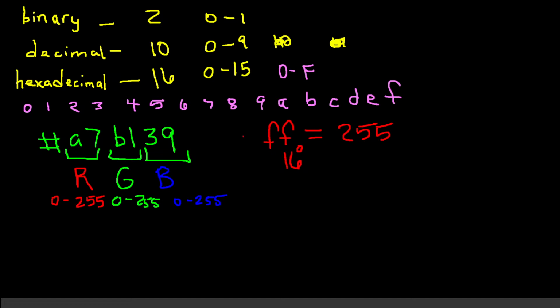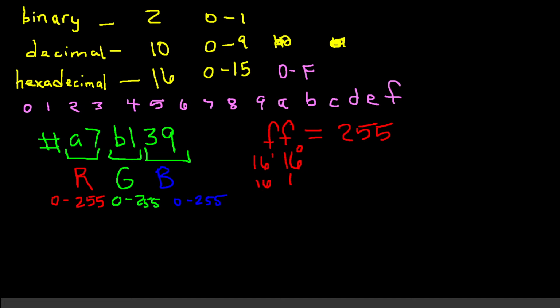And the second place is always the base to the power of 1. Anything raised to the power of 0 is always 1, and anything raised to the power of 1 is always itself.